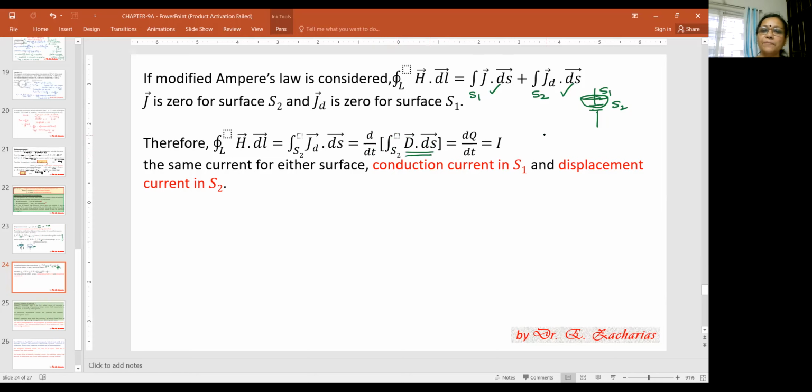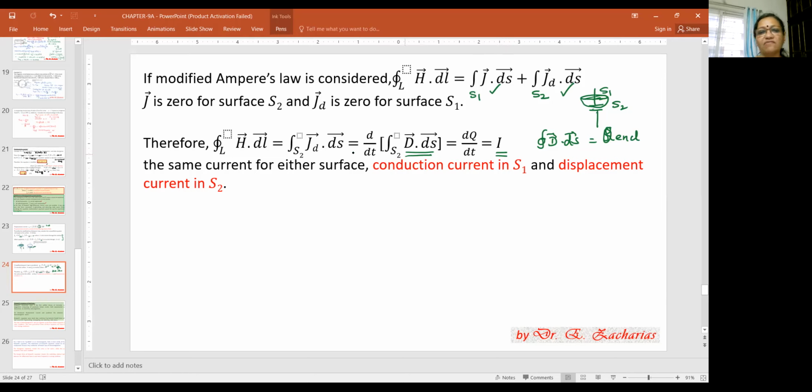From your Gauss law, integral D dot ds is simply your charge enclosed. Therefore, when you take the time differential of it, it is going to be dq by dt. And what is dq by dt? dq by dt is I.